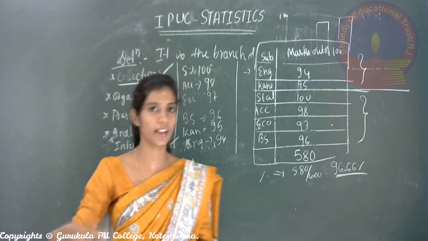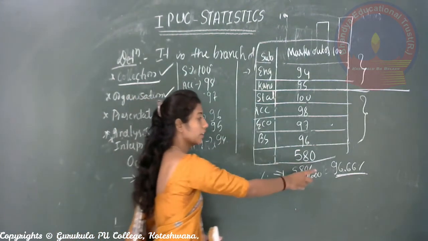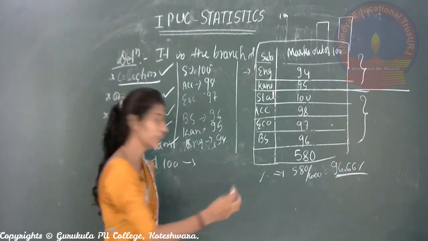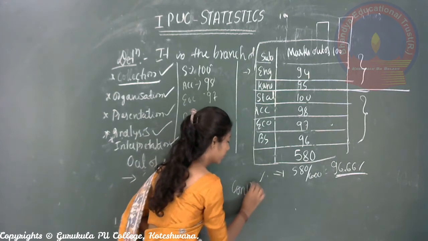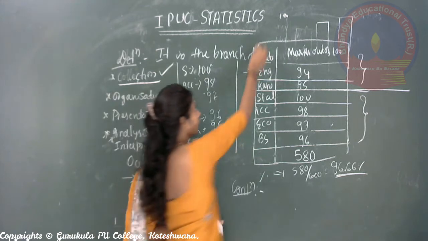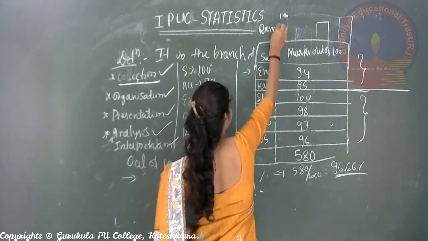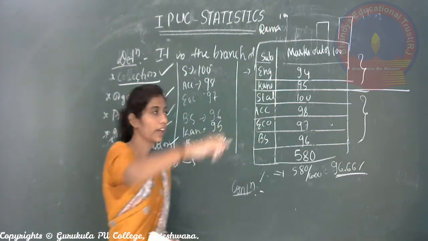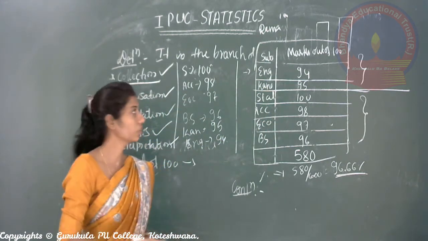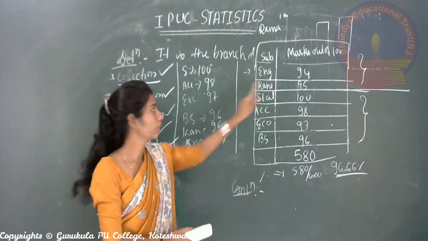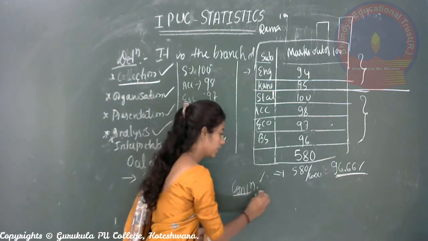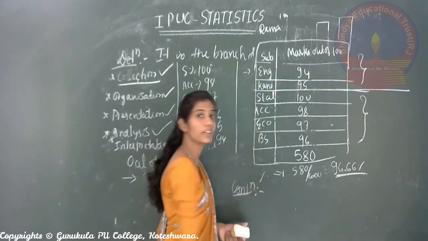Here he got 96.66 percent. In a marks sheet you will see remarks, name, parent name, subjects, everything. So the final conclusion: he is a first class with distinction.